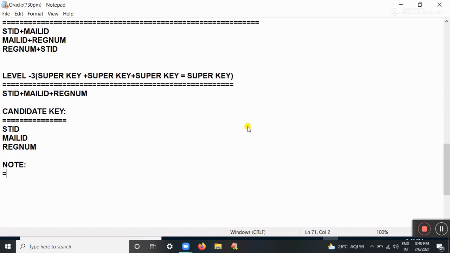But based on the way of applying the primary key on the number of columns in a table, the way of applying your constraints, based on your requirements, that name will change.